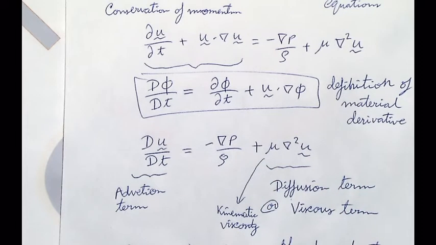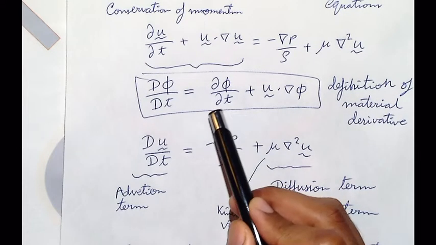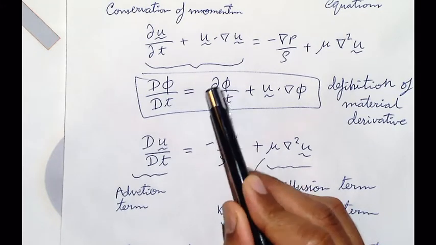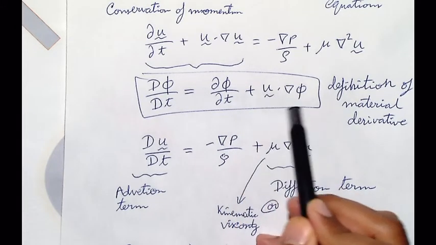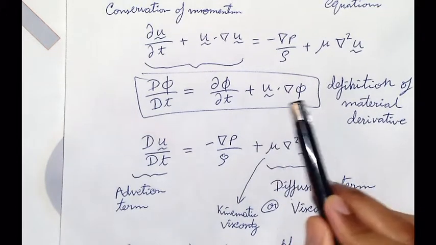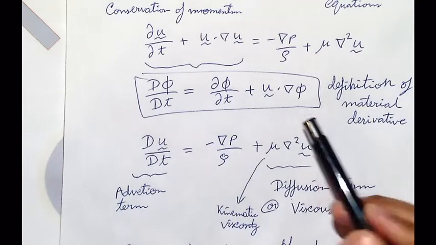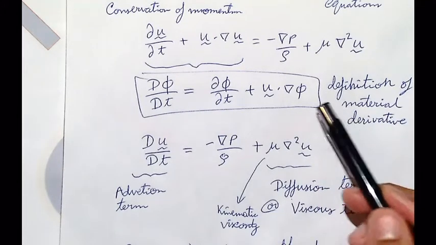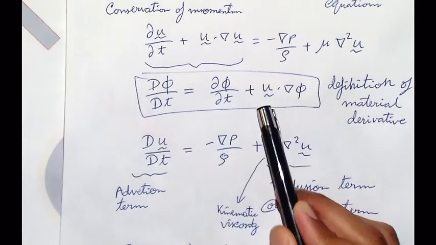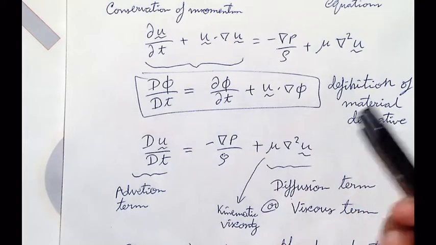Okay, wait. The first term, is that partial phi over partial t? Okay, so you're saying this term is linear and this term is not linear. Yes, that is correct only if phi is related to u. Here, phi may be independent of u. So if phi does not depend on u, it's called a linear PDE.